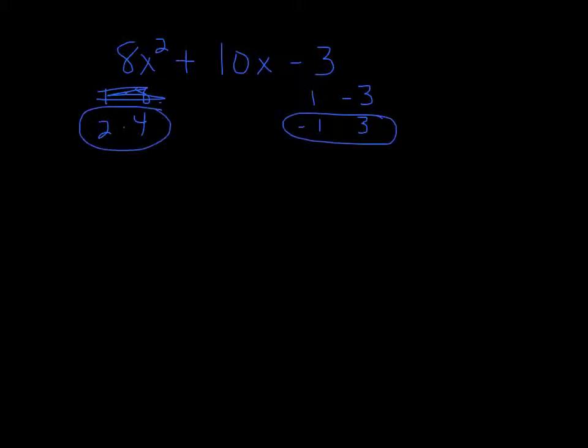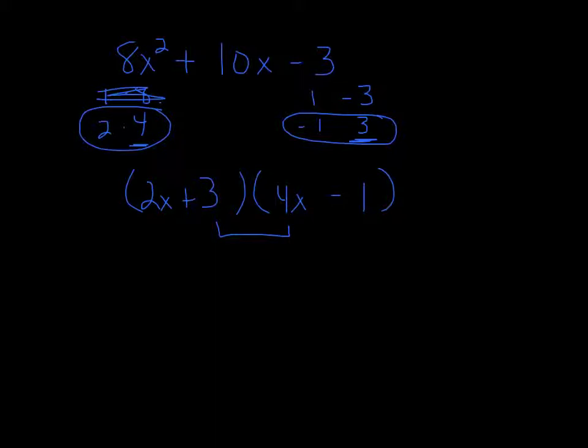And we want the 4 and the 3 to multiply together, right? So let's put them in, 2x and 4x. And then we want the 4 and the 3 to multiply together, so we're going to put the 3 there, and we're going to put the minus 1 there. Okay?